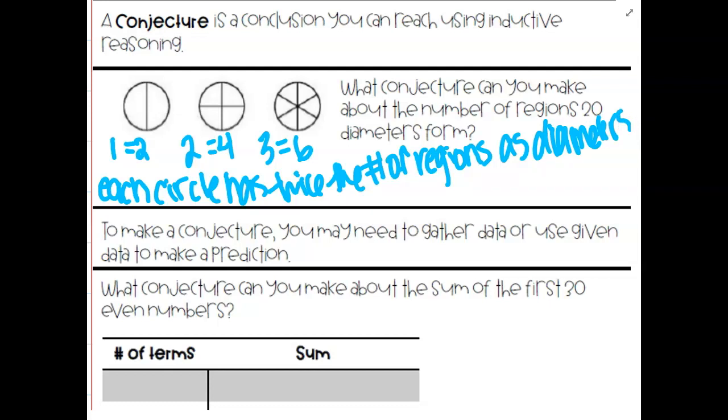So if there were 20 diameters, how many regions do you think there would be? Yeah, 40 regions. Now, I'm not actually drawing it, so maybe I don't know for sure. I haven't proved it's absolutely true, but it's a conjecture, it's a guess. From what I observe, here's what I think is going to happen. Okay?